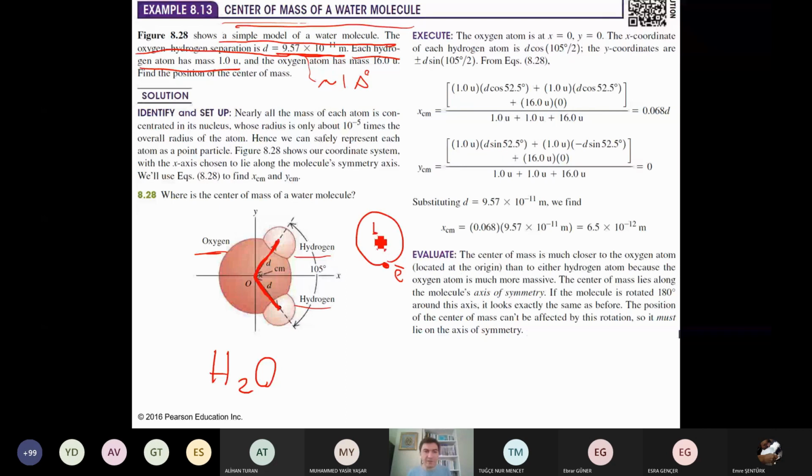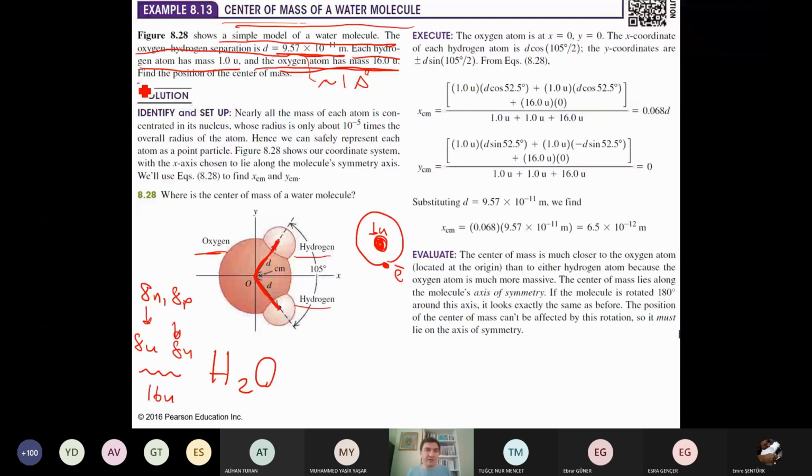The mass of this 1 proton is 1 u, atomic mass unit, and the oxygen atom has mass 16 u. Why? Because within the oxygen atom we have 8 neutrons and 8 protons. So this has 8 u, this has 8 u, and in total 16 u.